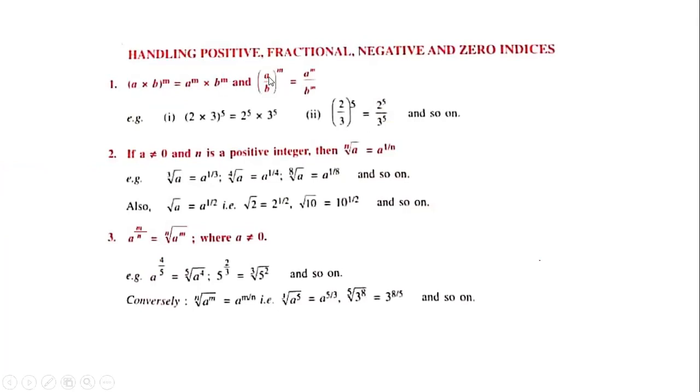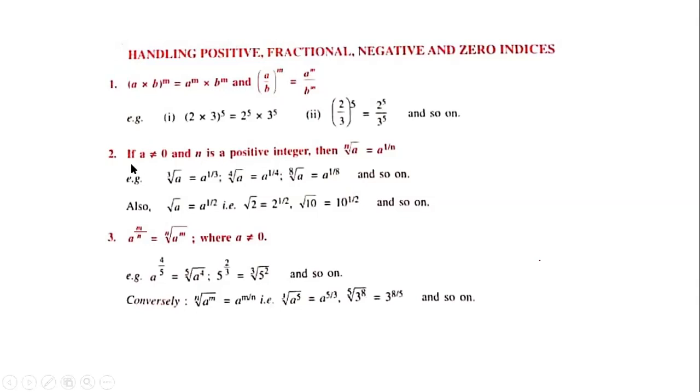Similar is the case of division. If you find a by b power m, then this can be written as a power m divided by b power m. Laws are same as you have done in your previous class.